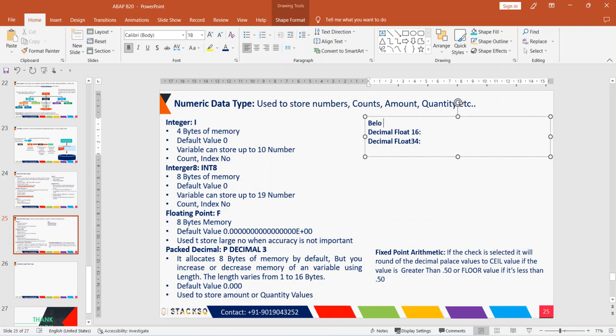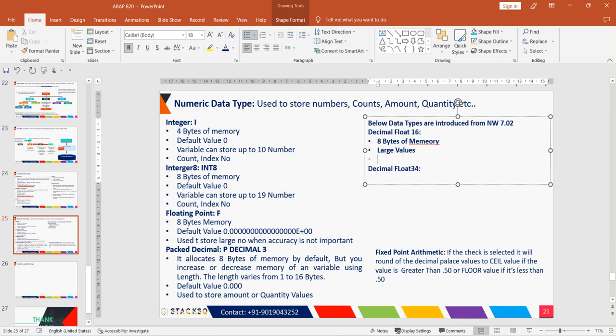Now the next one. Let's say the below data types were introduced from NetWeaver 7.02: decimal float 16. This allocates 8 bytes of memory. It is used to store large values. Default value is 0.